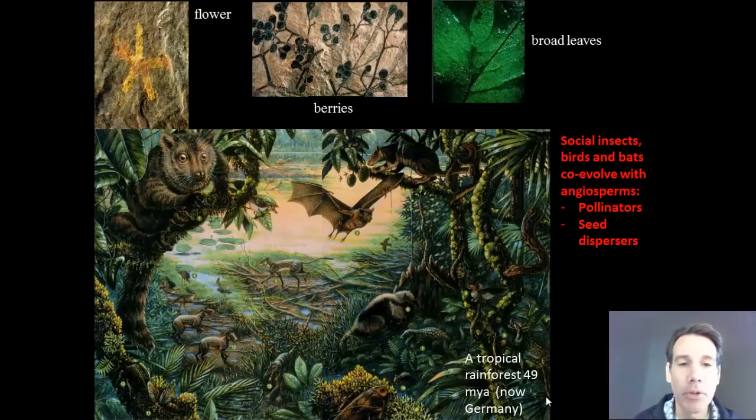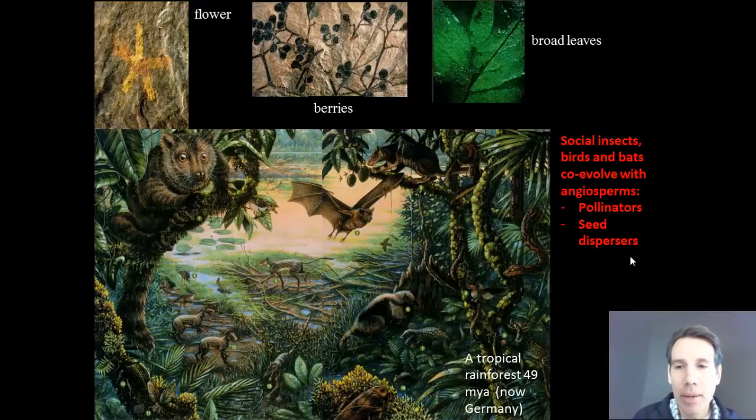And that helps both in two ways. One is for dispersal of their pollen. So gymnosperms, like conifers for example, are using the wind to disperse their pollen. But that's not a very efficient method. Here we have pollinators, like for example a fruit bat perhaps, that could land on a flower and disperse the pollen in a very direct way.